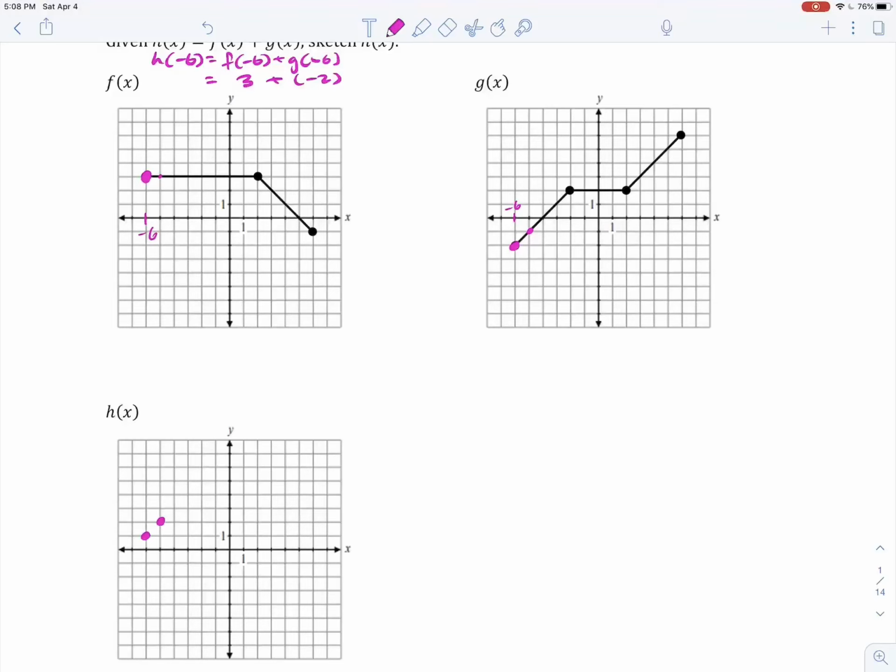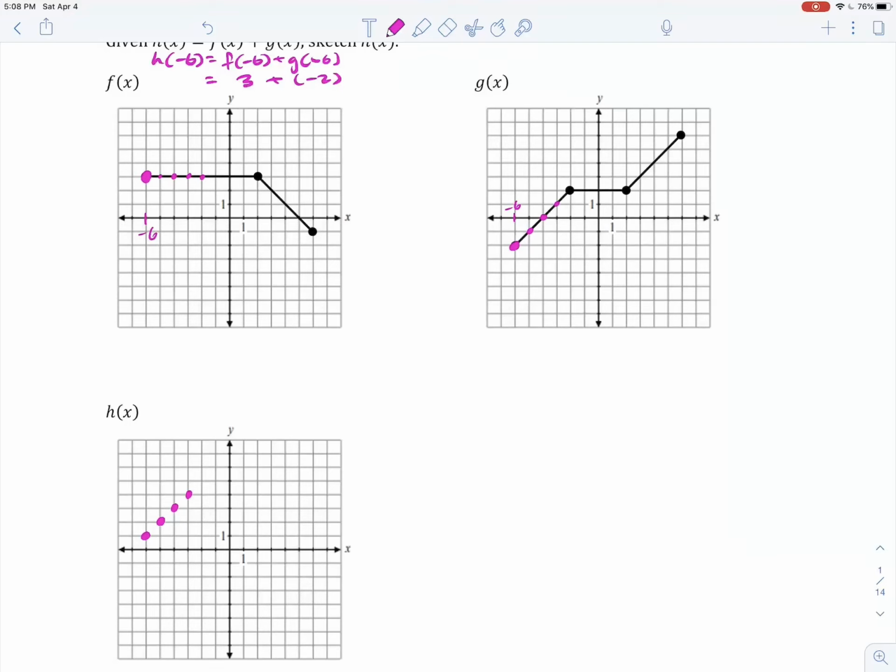And we proceed down the way. F is still 3, g is 0. Therefore, we get that value. F is 3, g is 1, so h is 4.